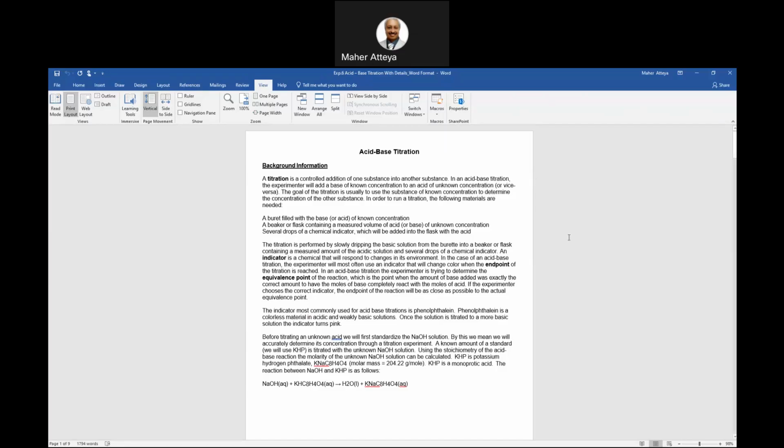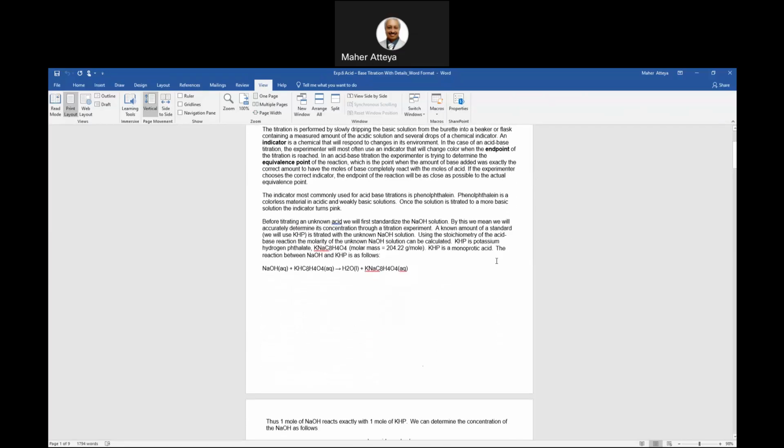In doing this, we'll use a very pure compound, a standard compound. What are the characteristics of a compound that can be used as a standard or reference compound?